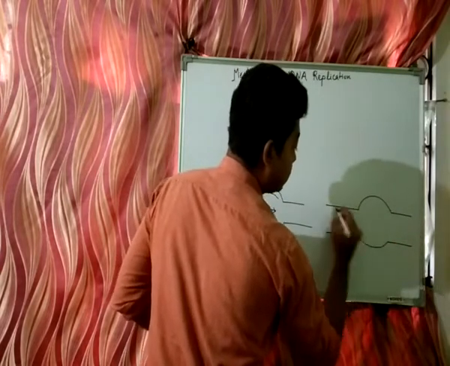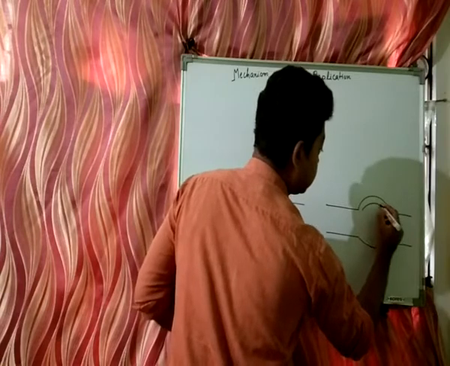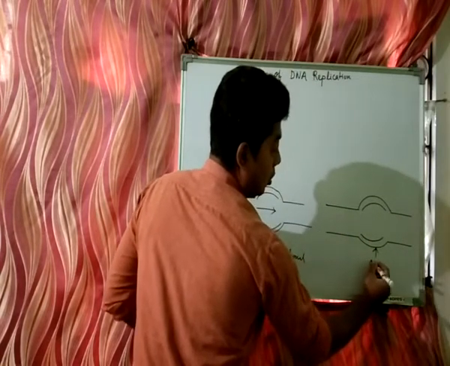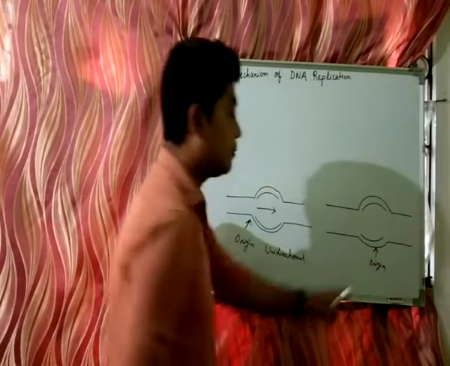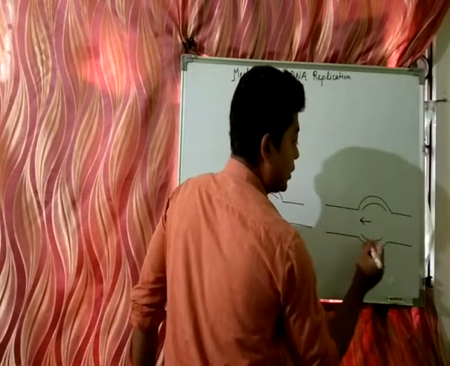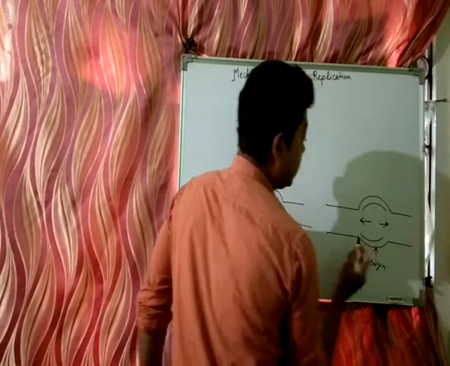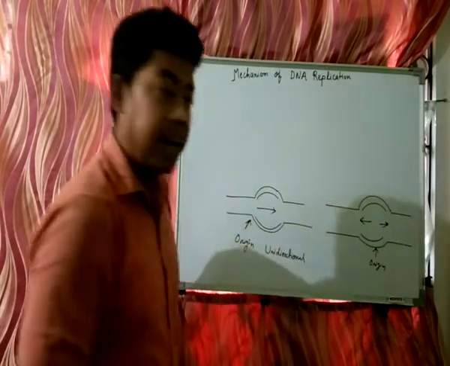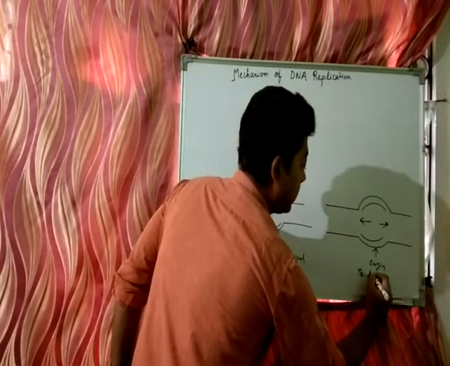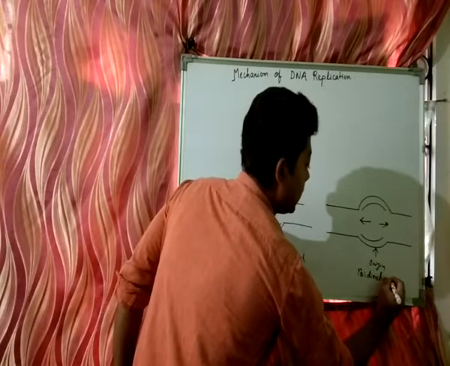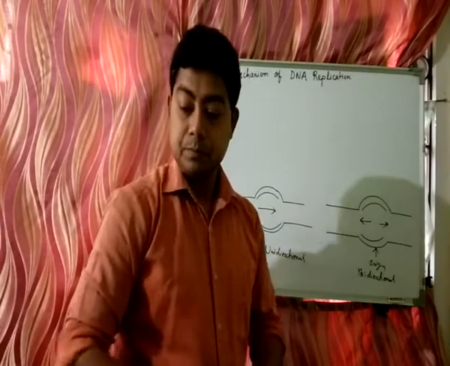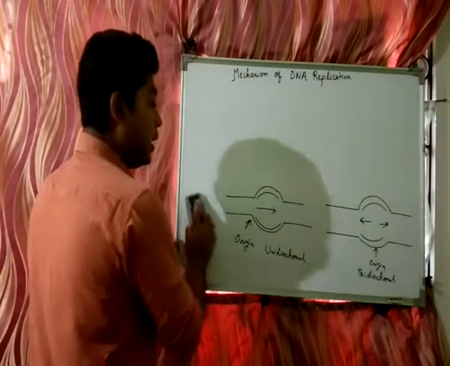Suppose the origin point is here, and replication starts in this direction and also in this direction, then this is called bidirectional DNA replication.